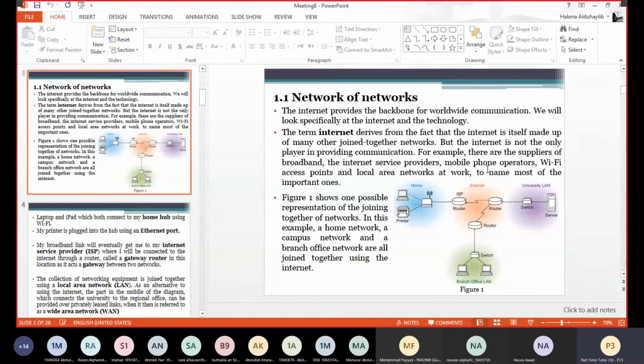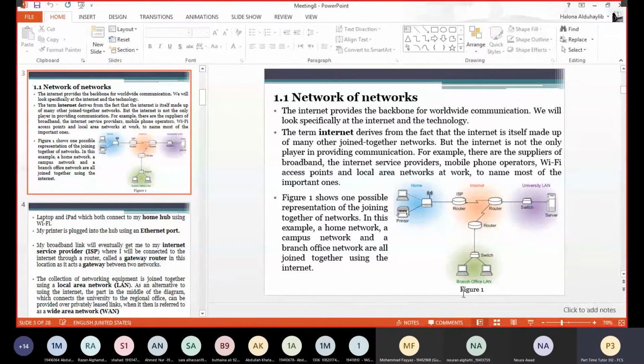Sometimes you get a Wi-Fi access point where you can access the Wi-Fi and make a connection with it. Another concept, you might need to access the internet through your local area networks at home or at work, to name most of the important ones.